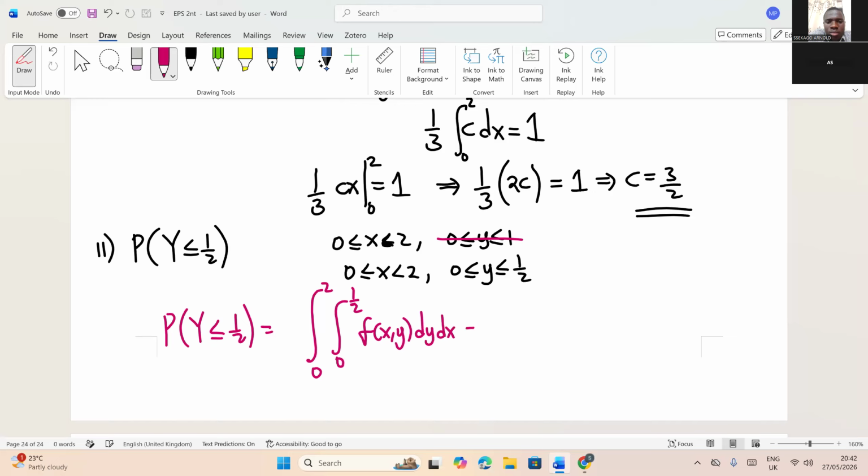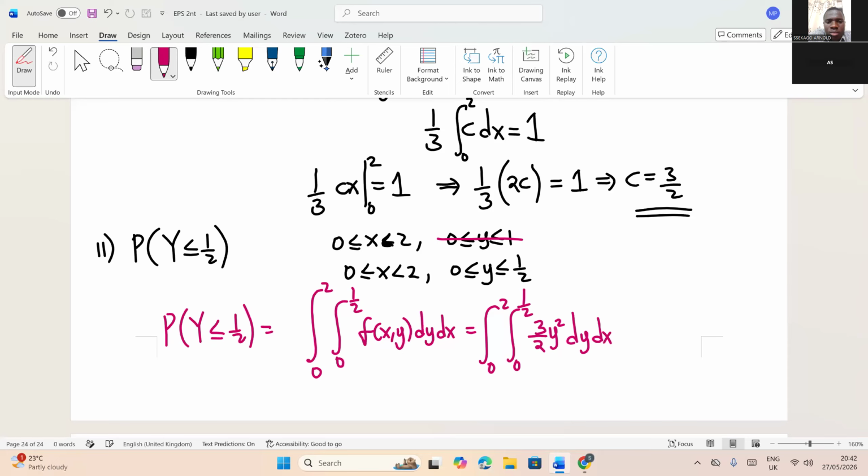And this is equal to the integral from 0 up to 2, 0 up to a half. The function was c times y squared, and c is 3/2, so 3/2 times y squared dy dx.